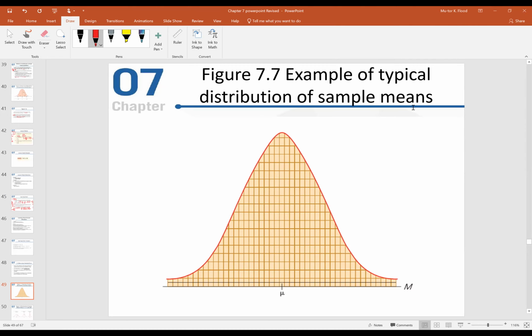Some are going to be close to the tails, and these are extreme samples that do not accurately represent the population.